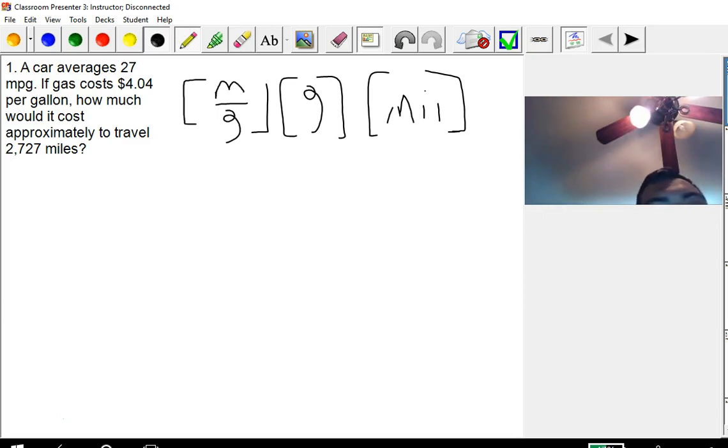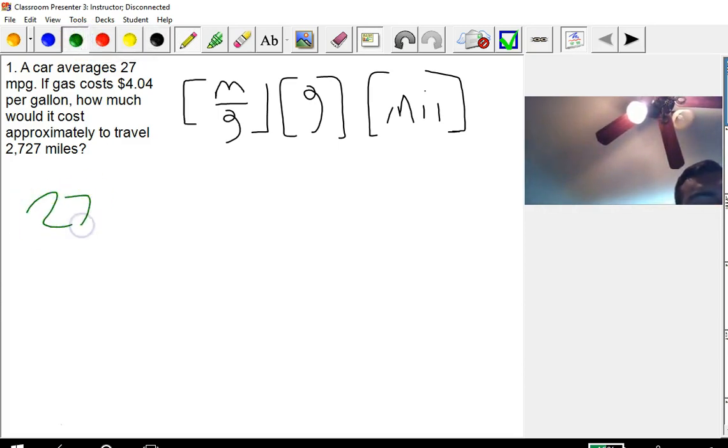Right now we're trying to find how much the trip would cost, but first we have to know how many gallons it takes to travel 2,227 miles. Let's switch to color here. We know the miles per gallon of the car. We don't know how much gas it's going to take, and we know how many miles you want to drive.